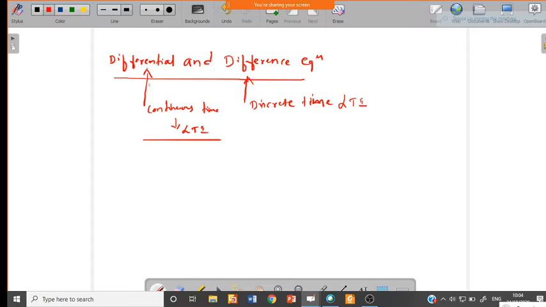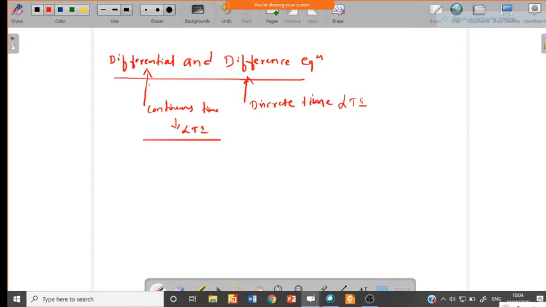Now if you take the general form of the differential equation for the continuous time case, it will be like this: summation k equal to 0 to n, a_k into d^k y by dt^k. This is the left hand side of the equation.